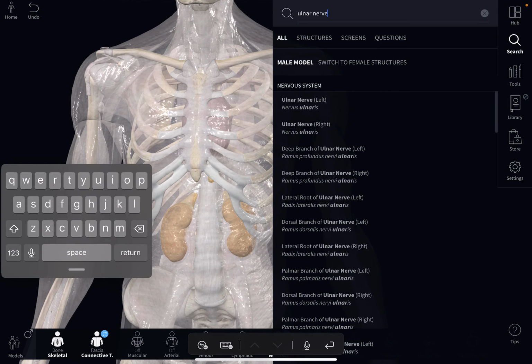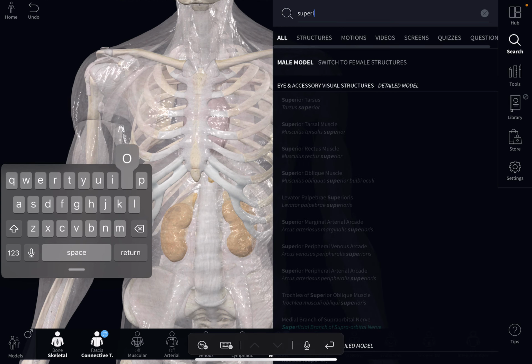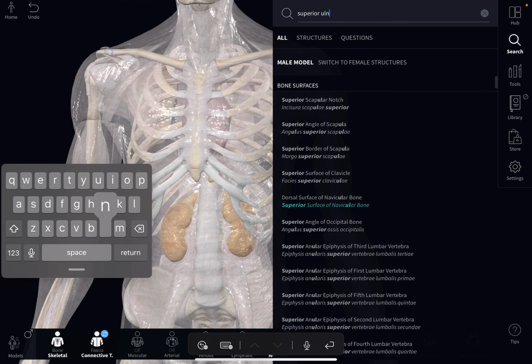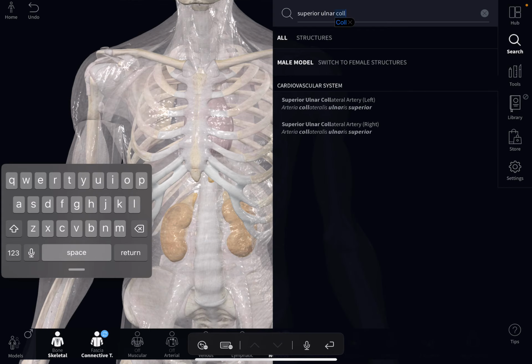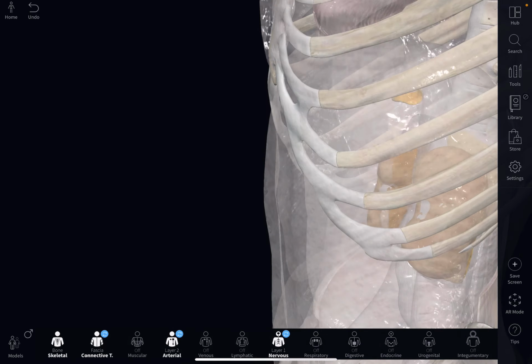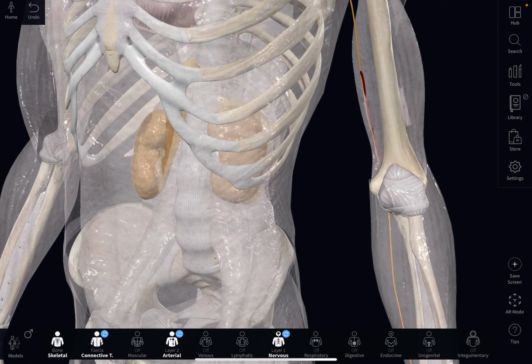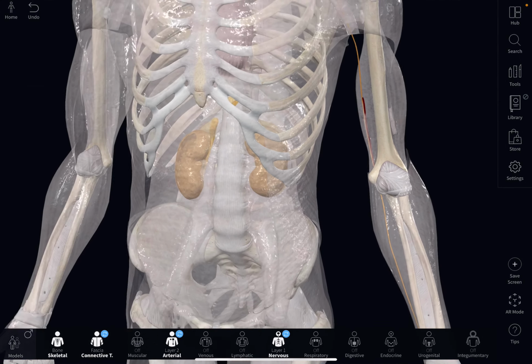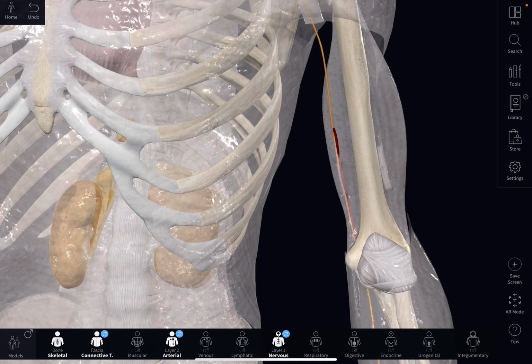Along with this, there is also an artery, that is the superior ulnar collateral artery. So these two structures actually pierce the medial intermuscular septum, almost in the middle. I hope you are following me.